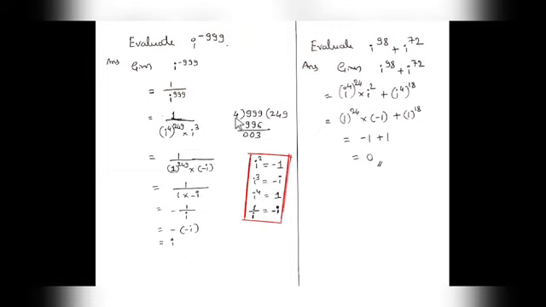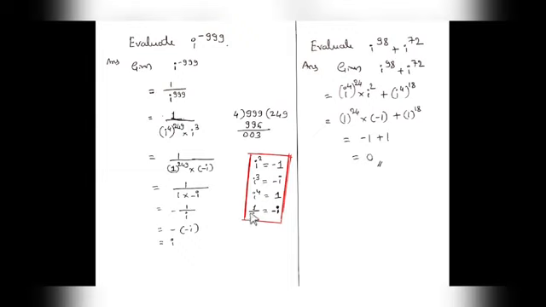If I divide 999 by 4, then I'll get the remainder 3. Now this can be written as 1 divided by i raised to 4 raised to 249 into i raised to 3, where the remainder is written separately. i raised to 4 is 1, and 1 raised to anything is always 1 only. i cube is minus i, so here we have 1 upon 1 into minus i, that is minus 1 upon i.